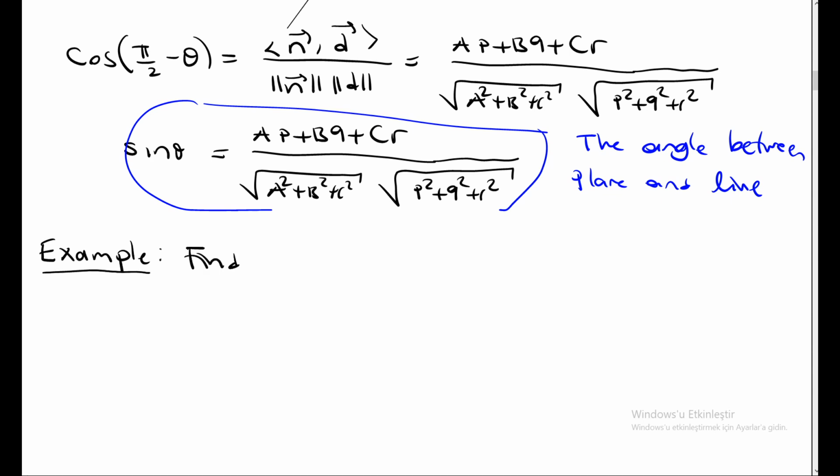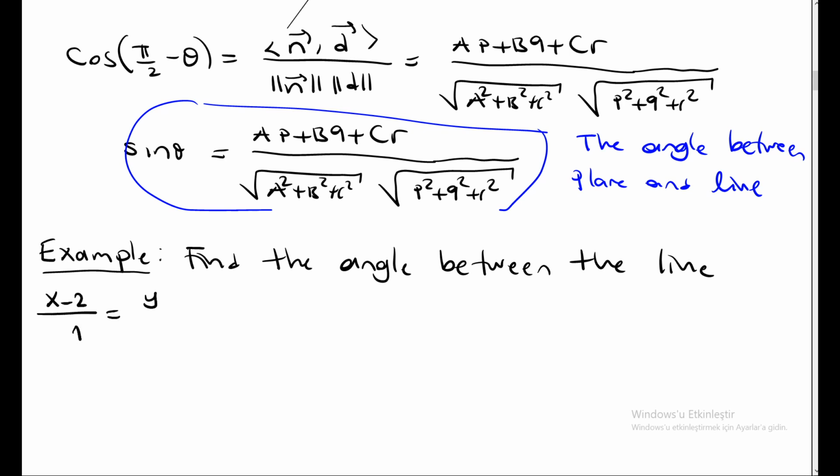Find the angle between the line (x minus 2) over 1 equals (y plus 2) over 1 and z equals 2, and the plane x plus z plus 7 equals 0.